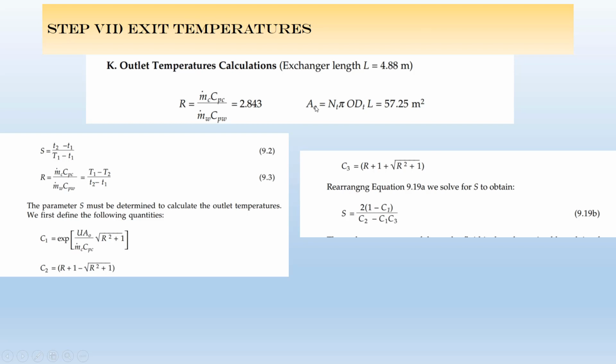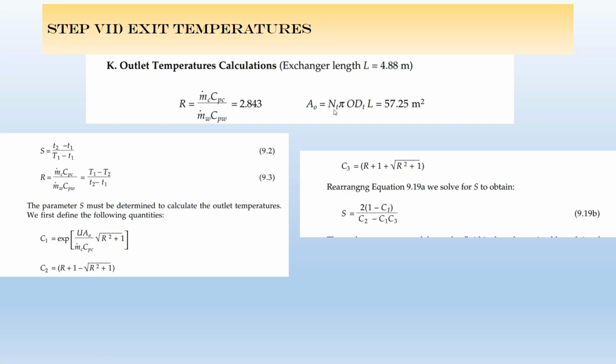This is the heat transfer area. So the heat transfer area is the area for one tube times number of tubes. So this is pi ODTL, the heat transfer area for one tube, times number of tubes.